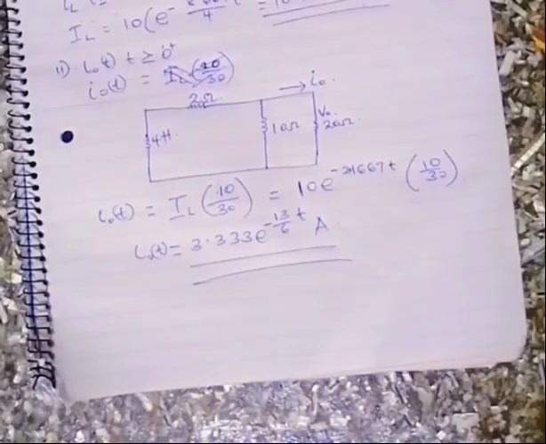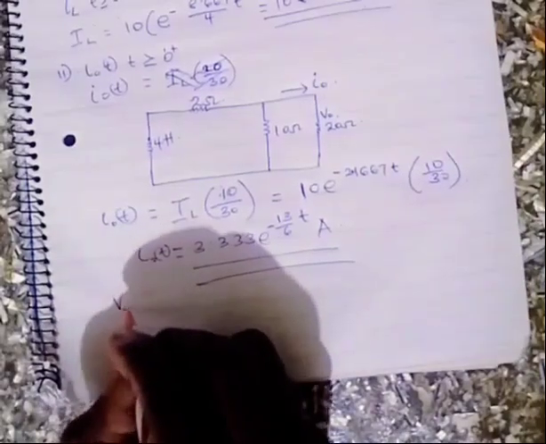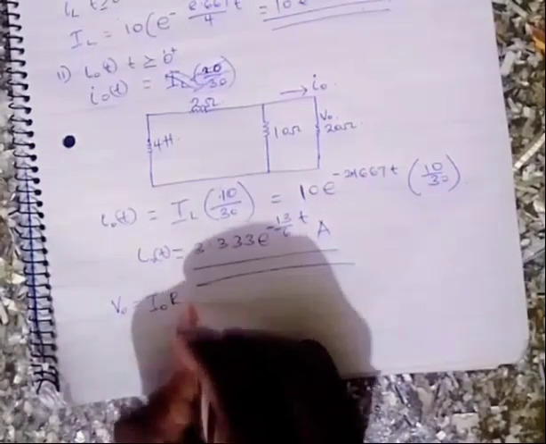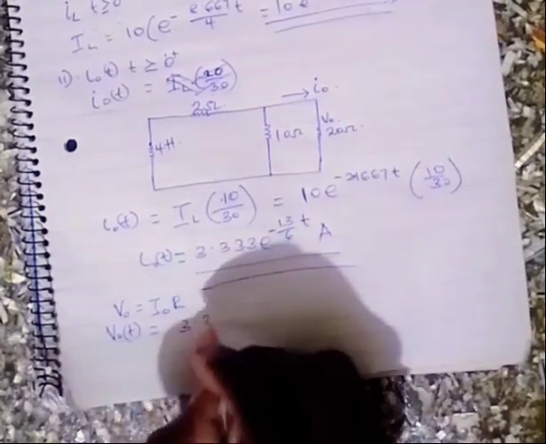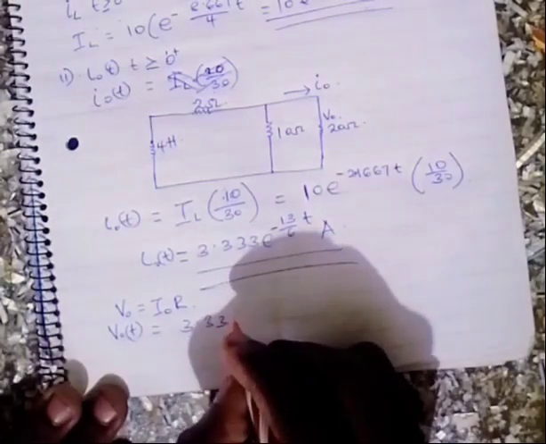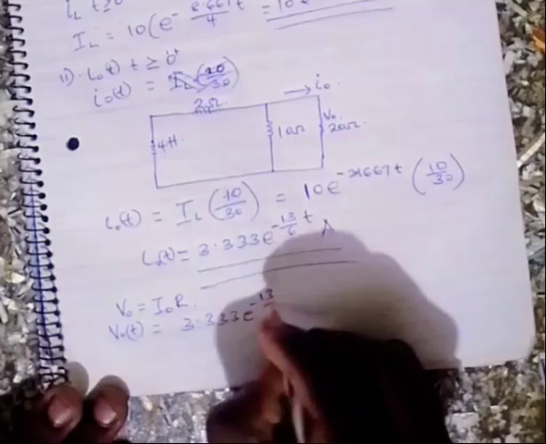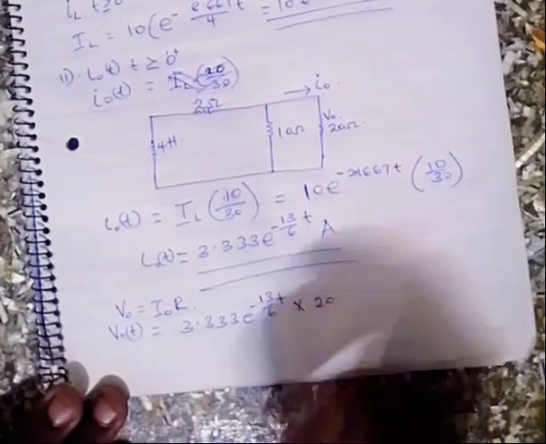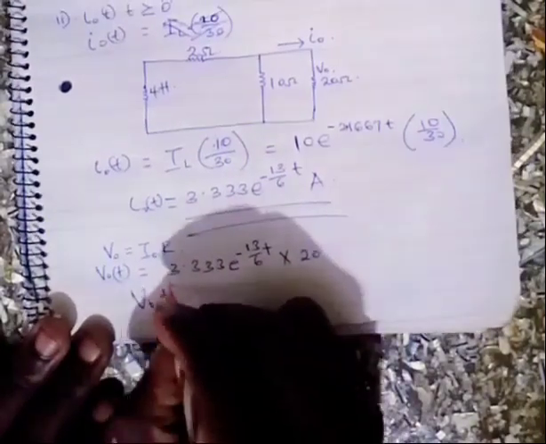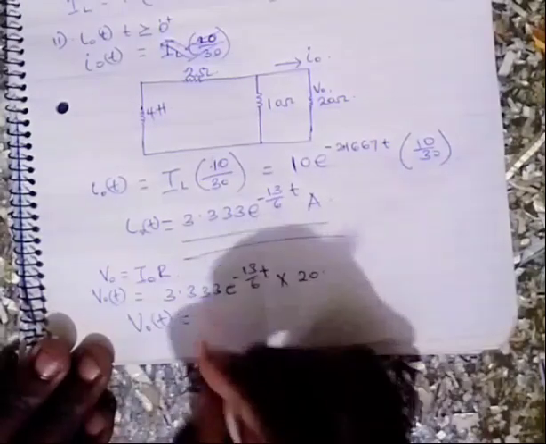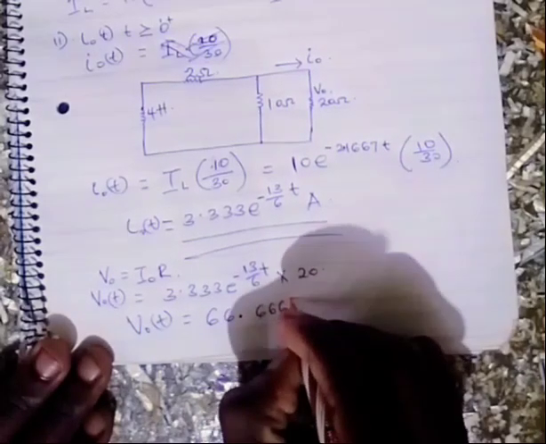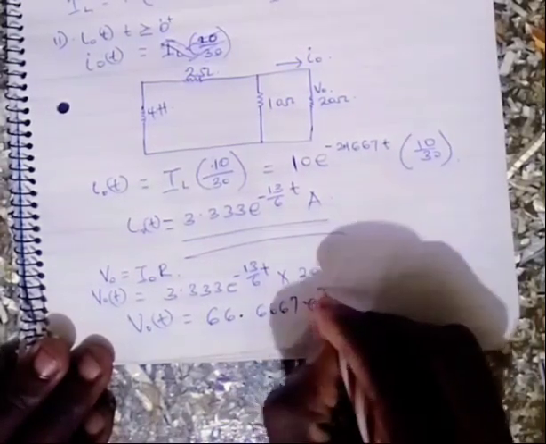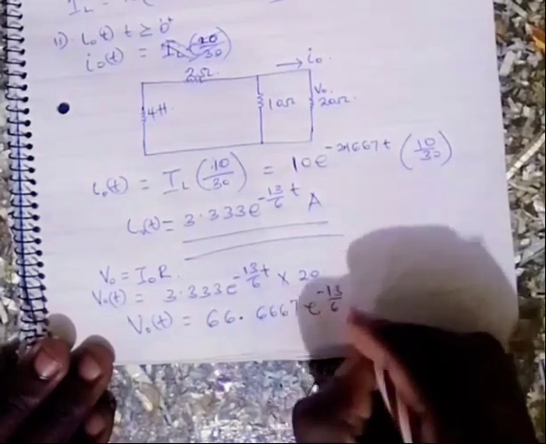In order to find V naught, we will have V naught is equal to I naught R, whereby V naught with respect to t is equal to 3.333 exponential negative 13 all over 6t multiplied by 20, whereby V naught with respect to t is equal to 66.6667 exponential negative 13 all over 6t in volts.